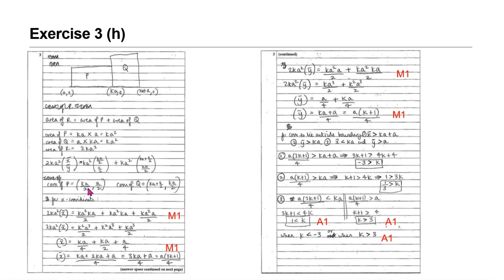If we look at this part of their solution here, they're actually thinking that there are different ways in which the center of mass can be outside the lamina. They're thinking it might be to the right of Q, or they're thinking that it might be, well, as the correct answer.